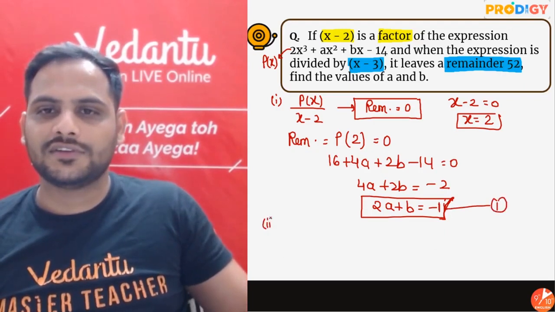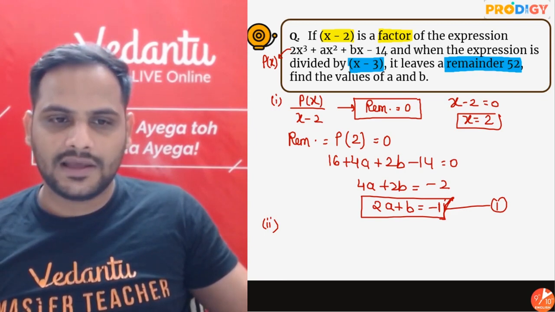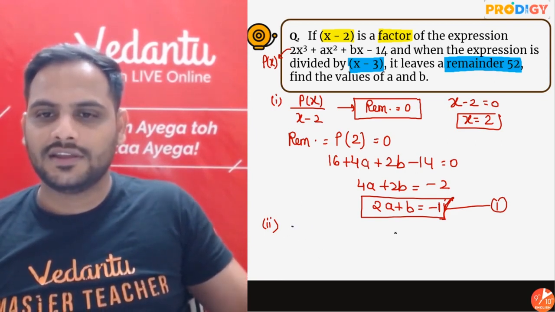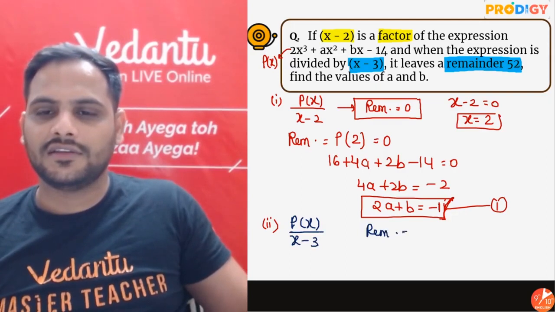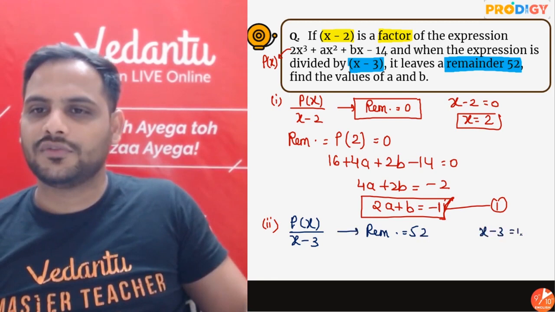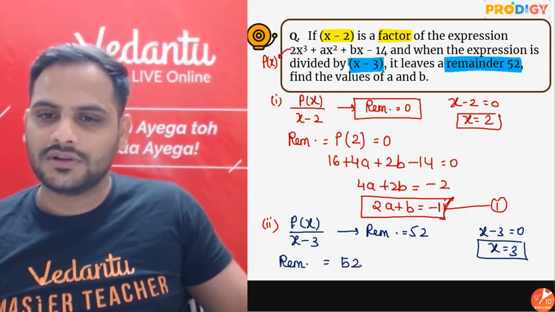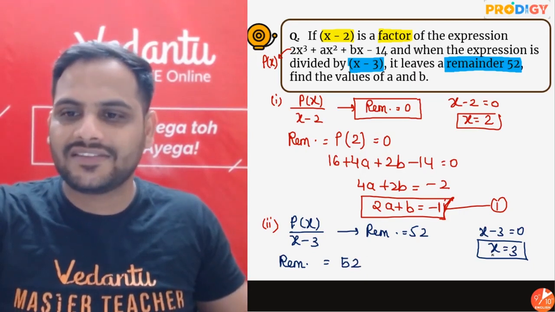Similarly, guys, for the second equation, division by x minus 3, the remainder is 52. So step 2: p of x divided by x minus 3, remainder is equal to 52. Step 1: x minus 3 equal to 0, x equal to 3. The remainder will be p of x at x equal to 3.